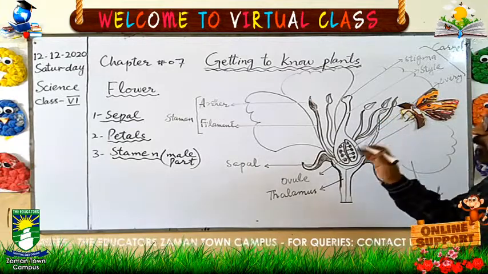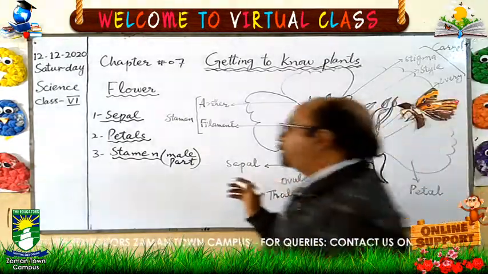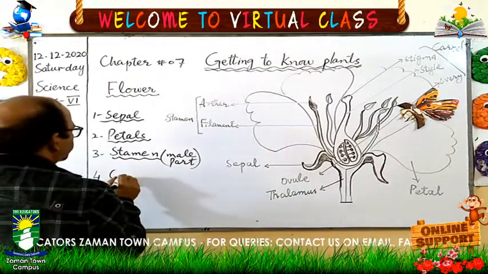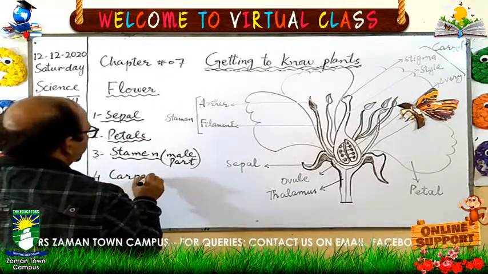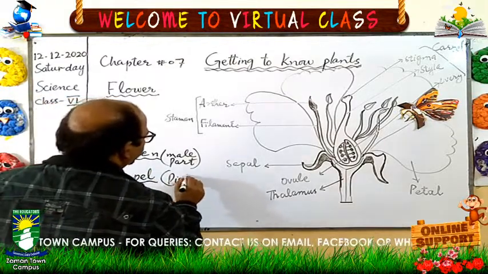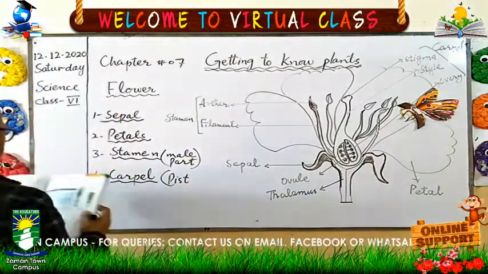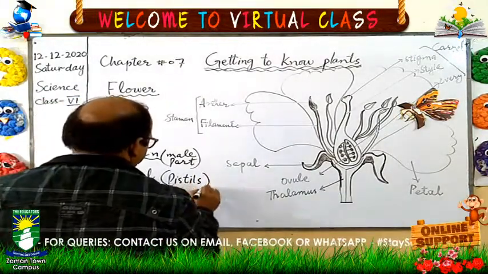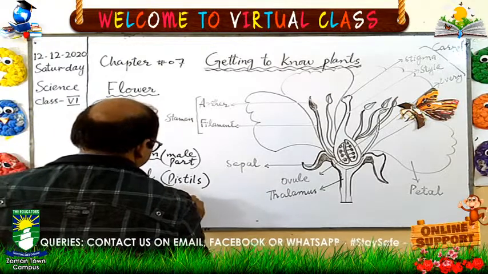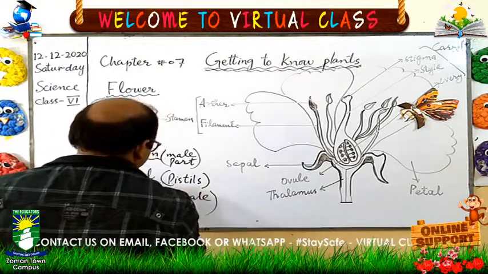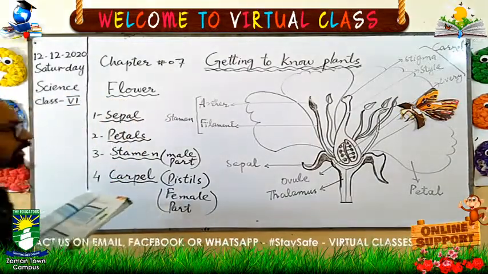The fourth part of the flower is called the carpel. Carpel is also called pistil, and it is the female part.